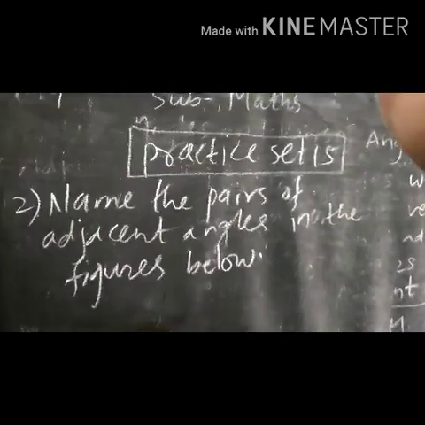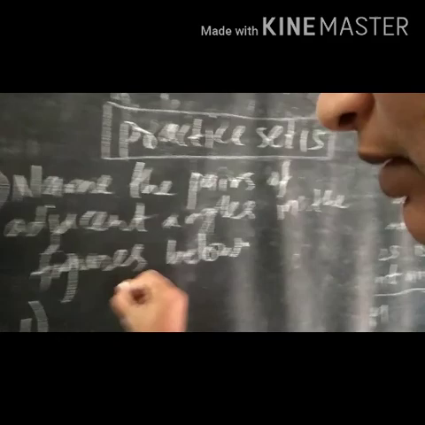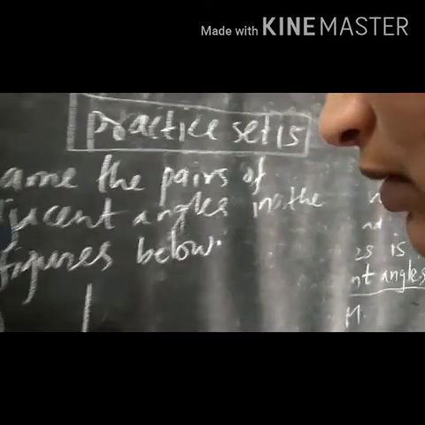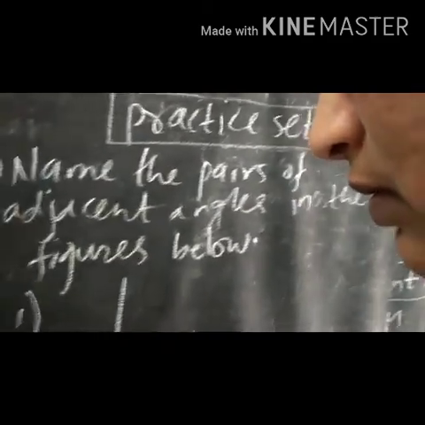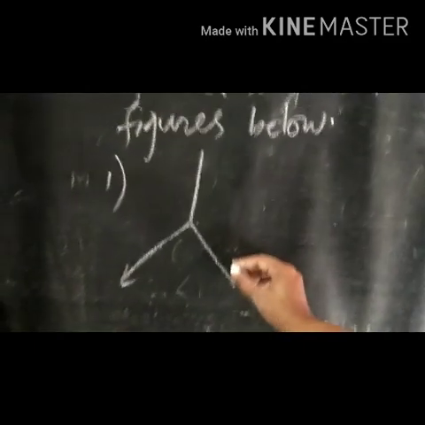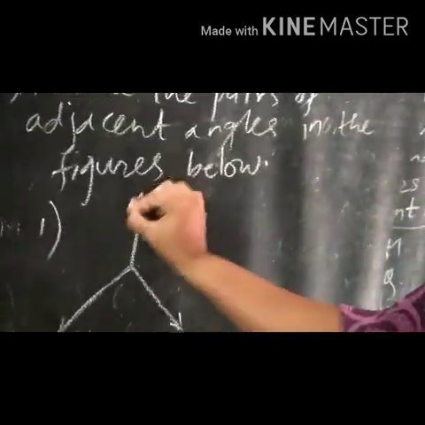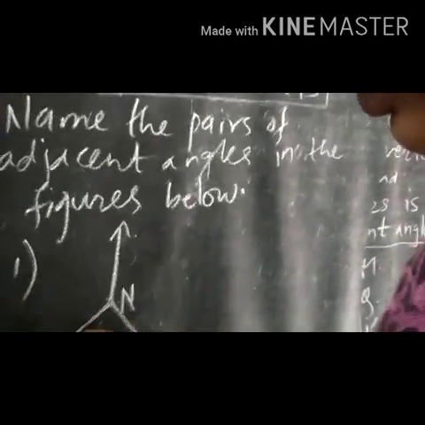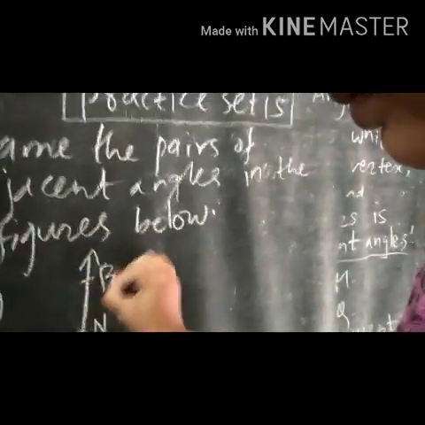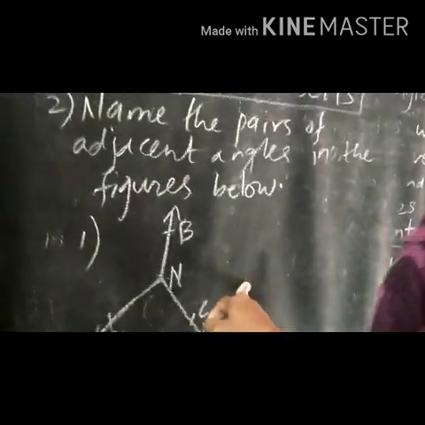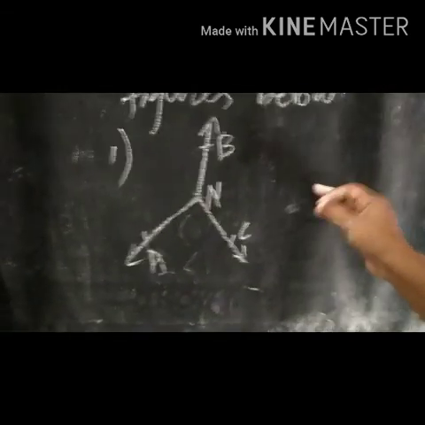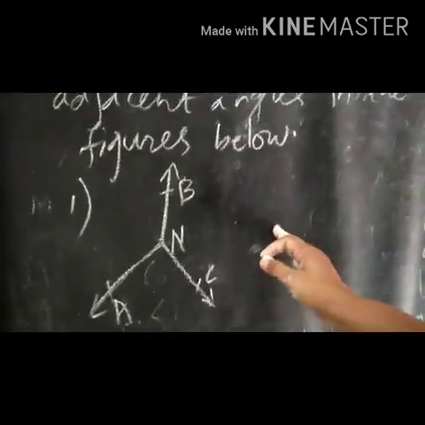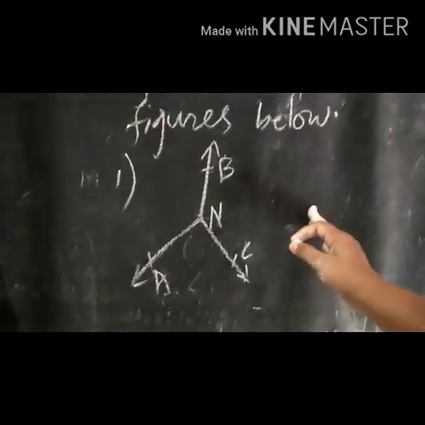So we have to draw diagram. Number 1. Give the name to the points. Now see here, look at this diagram. So here we have to find pairs of adjacent angles.